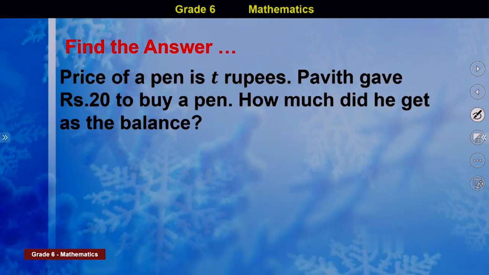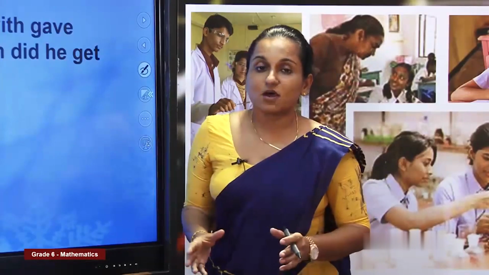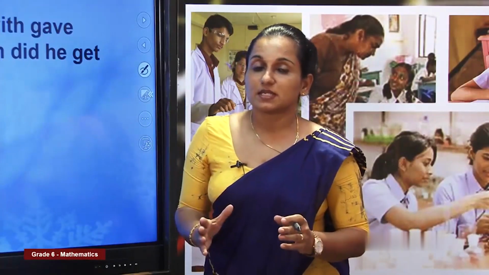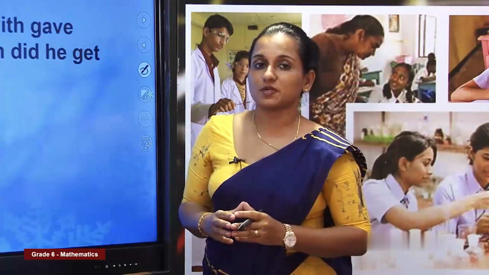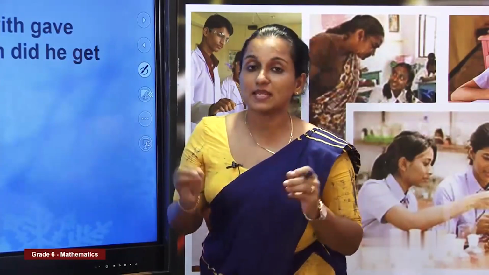The price of a pen is T rupees. Pavit gave 20 rupees to buy a pen. How much did he get as the balance? Now, can you see the price of a pen is given as T rupees. It is an algebraic symbol. Then what can you say about the balance?